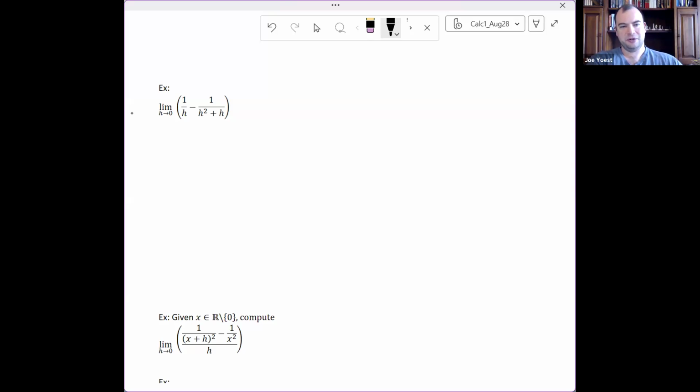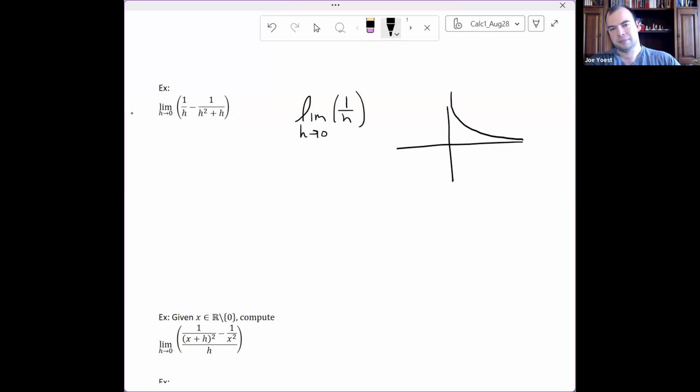So what do I think about, for instance, limit h goes to 0 of 1 over h? We can get an idea looking at a picture. As h goes to 0 from the right, I see that the output of my function gets larger and larger. It looks like the right-hand limit is infinity, and the left-hand limit coming from below is negative infinity.